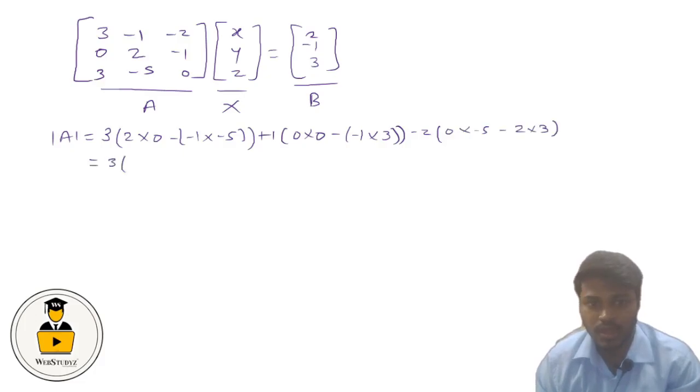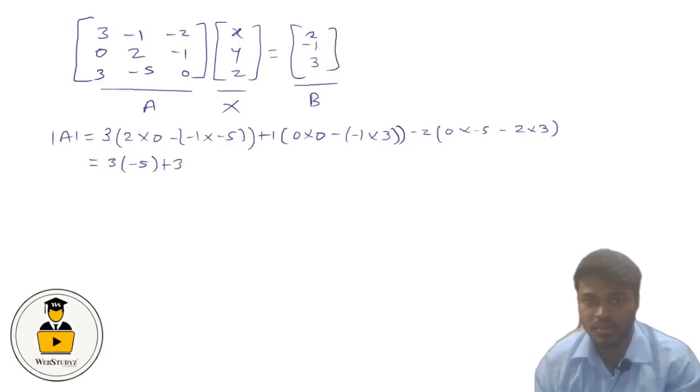So this will be 3 into 2 into 0 is 0, then minus 1 into minus 5 is plus 5, and plus 5 into minus 5 is minus 5. Then it will be 1 into 0 into 0 is 0, then minus 1 into 3 is minus 3, and minus 3 into minus 1 is plus 3.